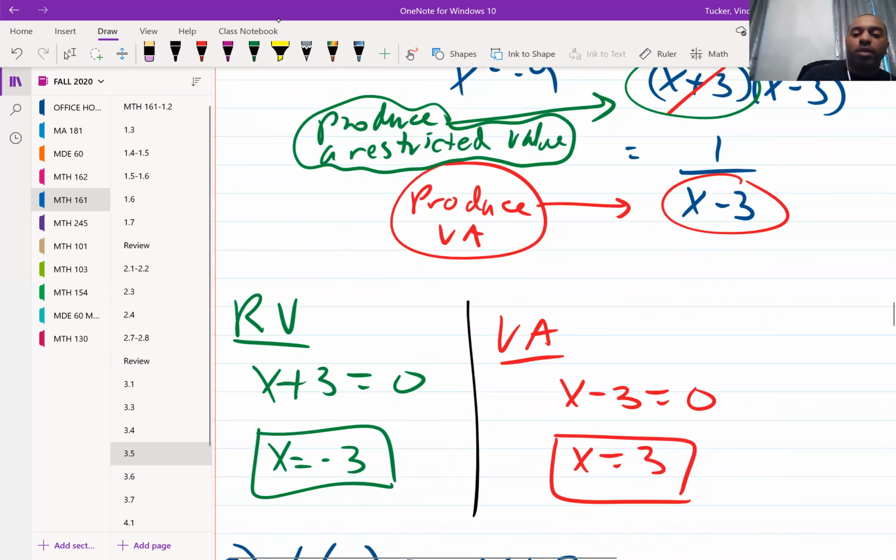So you'll have a vertical asymptote at x equal to 3, but a restricted value, a place where the graph doesn't exist, at x equal to negative 3, excuse me. Any questions?